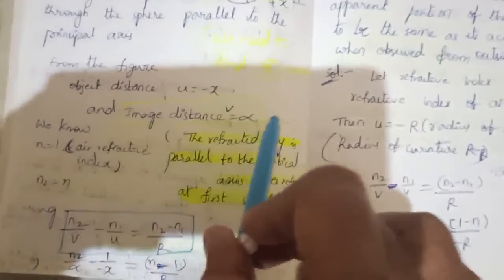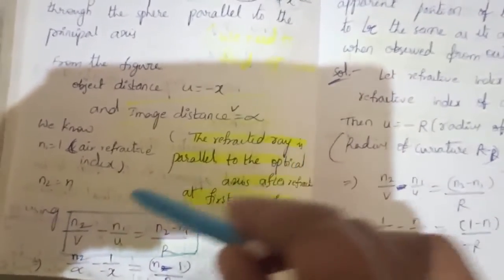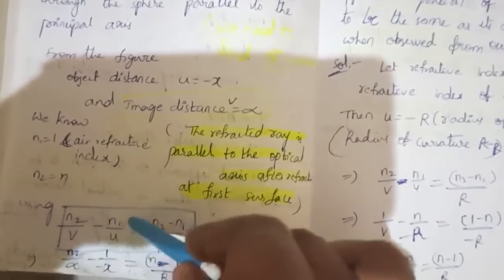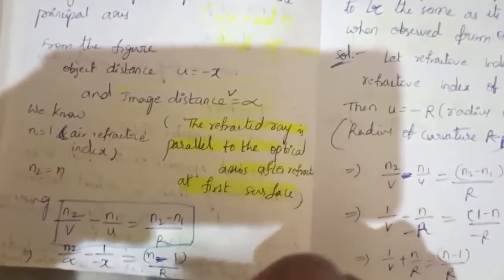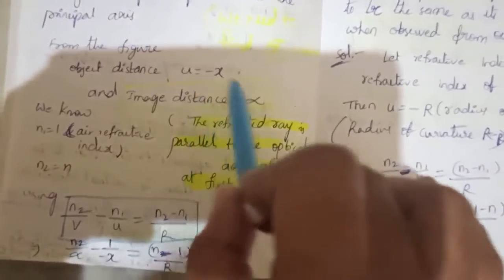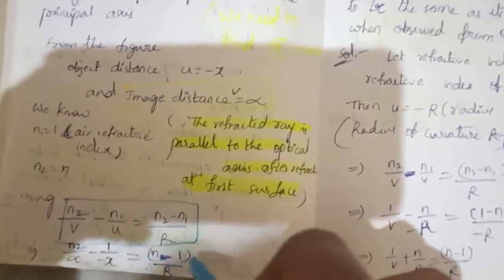Image distance v is equal to infinity I am taking. So using n2 by v minus n1 by u is equal to n2 minus n1 by r, I am substituting all these values. u is equal to minus x, v is equal to infinity, and in place of n2 I substitute n, and in place of n1 I substitute 1.